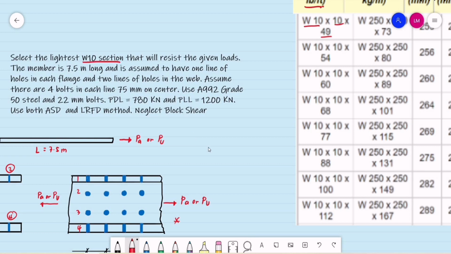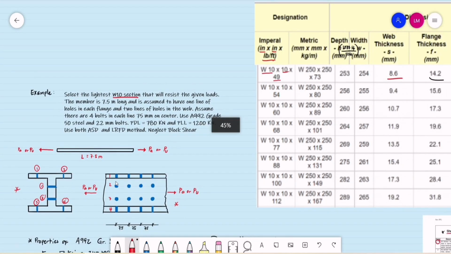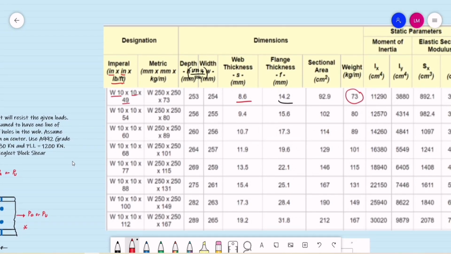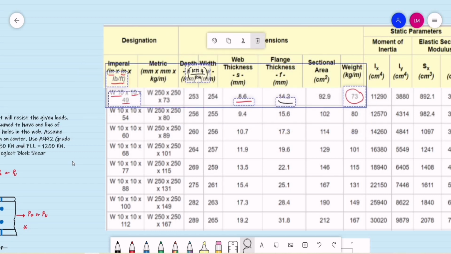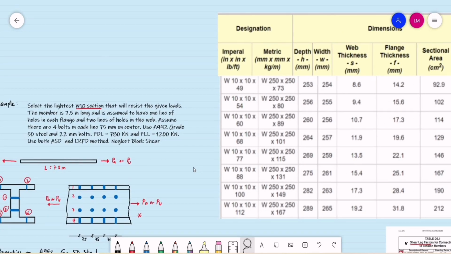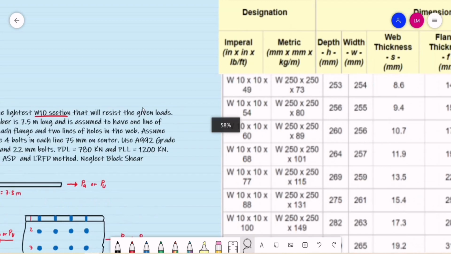So we are to proceed to a table. I think this is a table provided by a manufacturer, but we can also have a copy of this table from AISC. They are downloadable files. So we are to select the lightest W10.